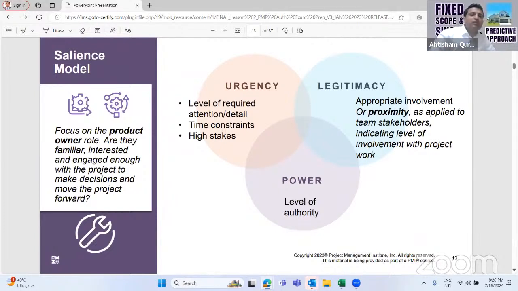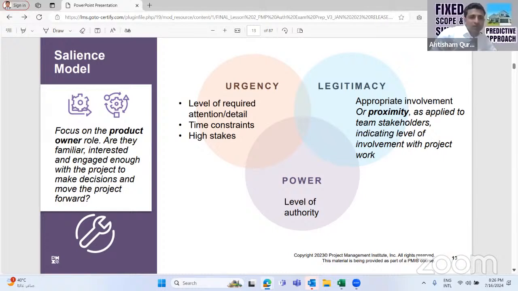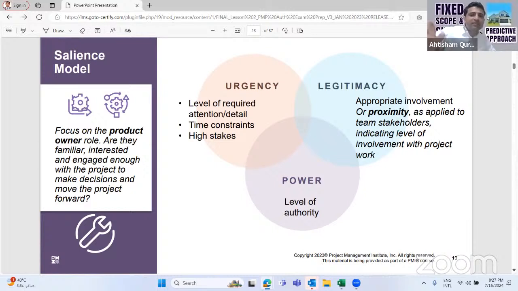Now, another model that is used to get to know our stakeholders in more detail is the salience model. The salience model talks about identifying the power of the stakeholder, which we have already seen in the 2D model. We know the power and the interest already, right? Legitimacy is more of the involvement that the stakeholder has, so it is more of an interest level.